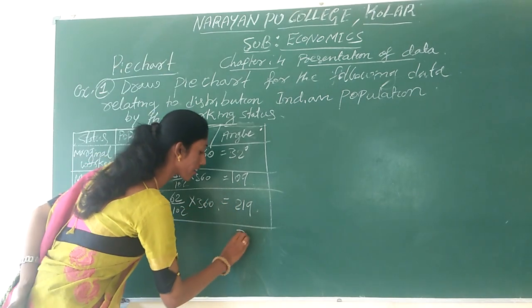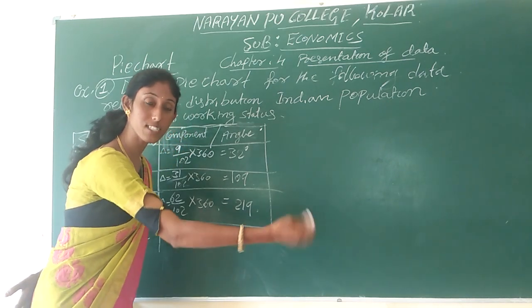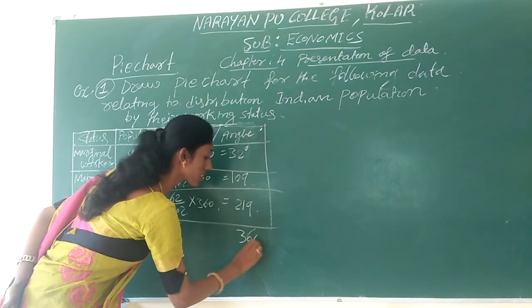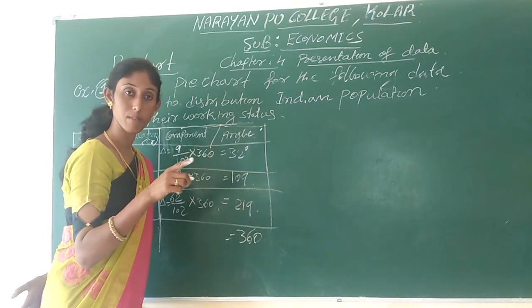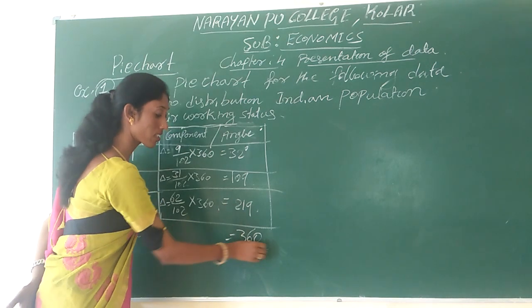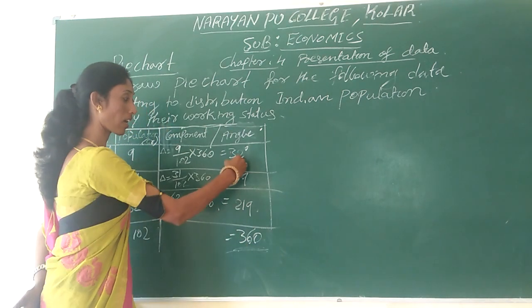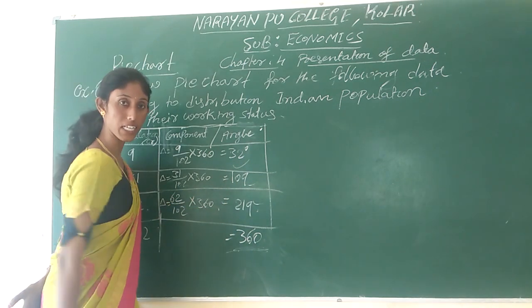If you get 359.5 point something or 360, then your calculation is right. It means when the total angle size is 360, your calculation is right. Got it? We got 360, right?